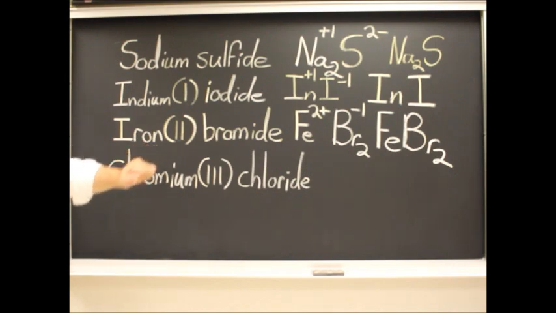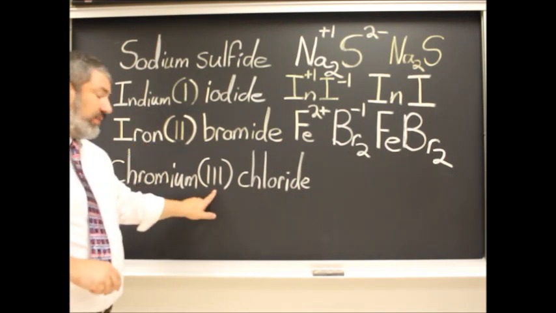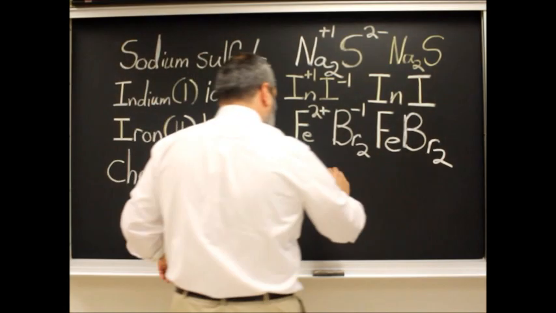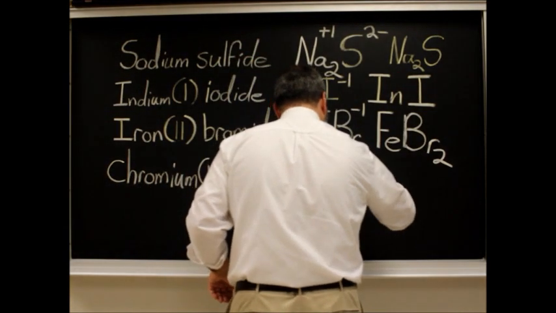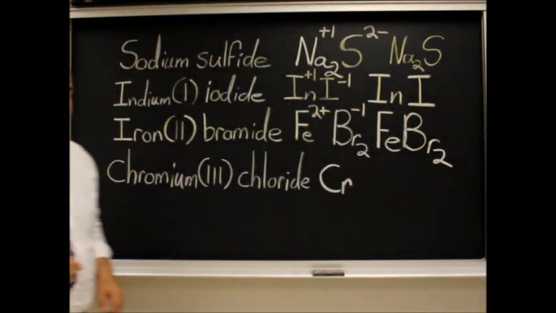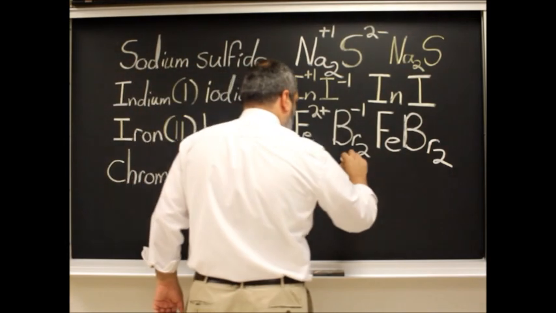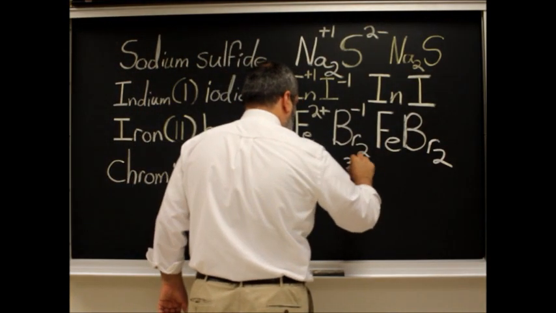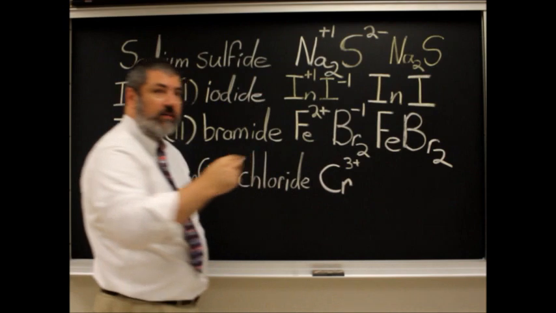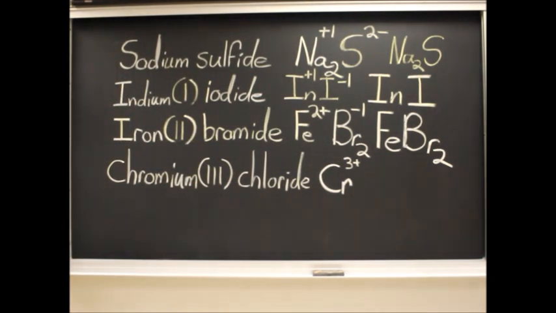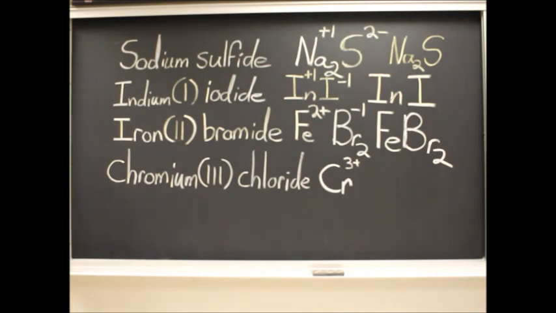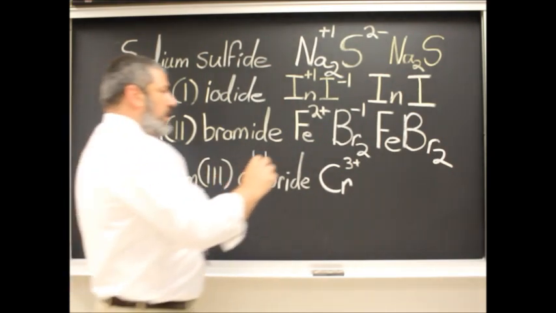Chromium 3 chloride. Chromium is also a transition metal. Its symbol, Cr. It's going to be 3+. And again, writing the number, then the charge is just a nomenclature thing. If you write it as +3, I'm not going to get upset about that.